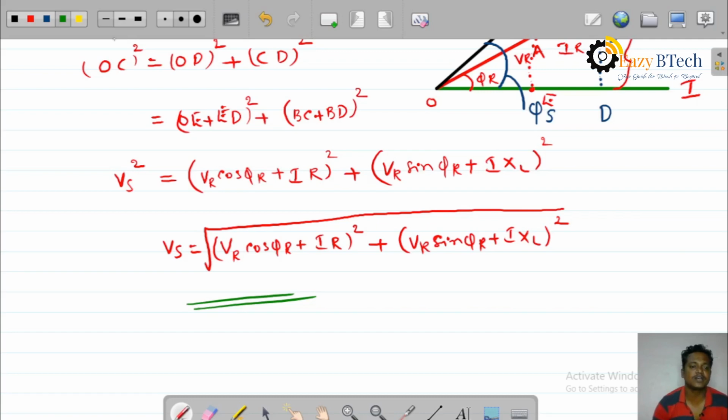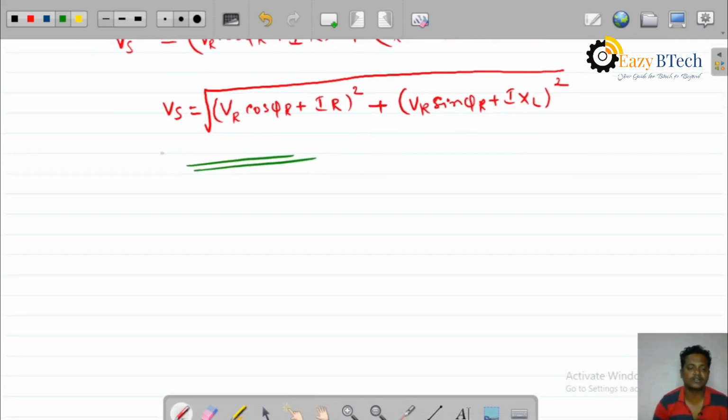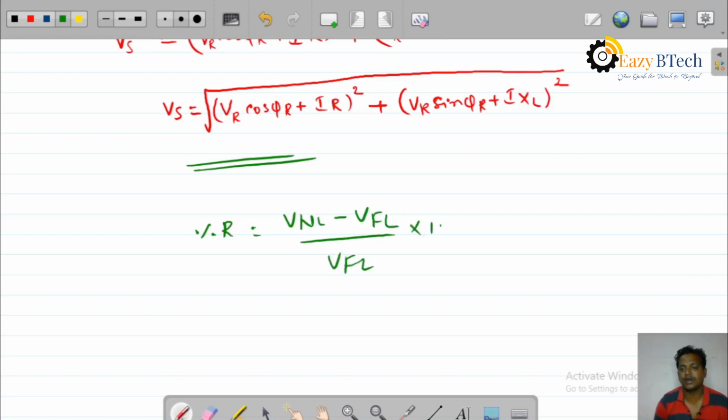If you know the sending end voltage, from that you can calculate the regulation of the transmission line. Percentage regulation equals to V no load minus V full load divided by V full load into 100. Okay, in a short transmission line, this is VR, this is Vs. No load means IR equals to 0, that is I equals to 0.